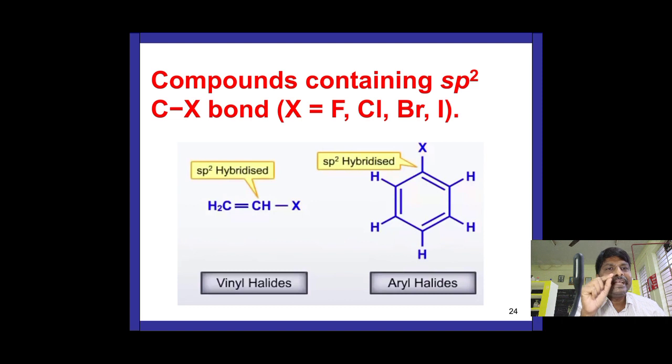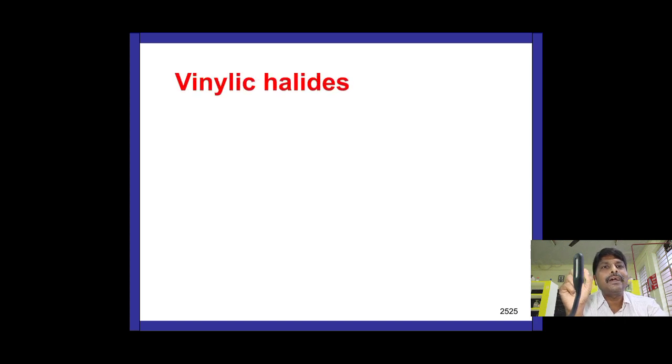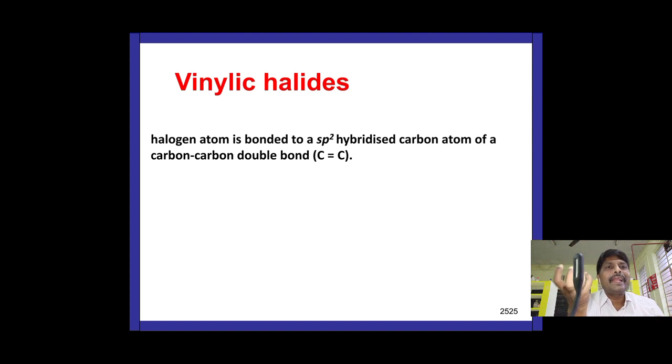In vinyl halides, the halogen X is attached directly to a carbon that is sp2 hybridized. Next, aryl halides: here X is attached directly to the benzene ring, the arene. So in this type of halides, X is attached to a carbon which has undergone sp2 hybridization. We will see vinyl halides in detail.